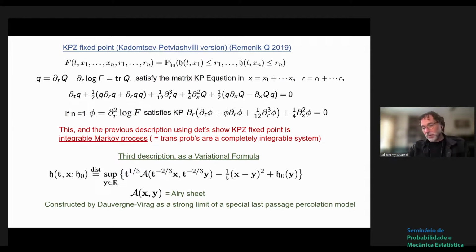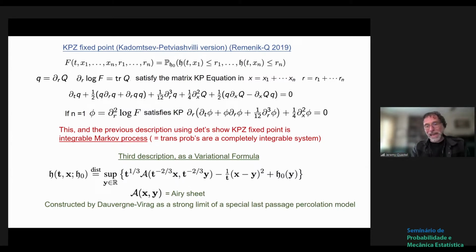Right. That's a great question, and the answer is nobody knows. Kurt Johansson can basically get such a formula if you start with narrow wedge. And it's completely unknown whether this thing can be generalized to other initial data. So it's not clear a formula exists.